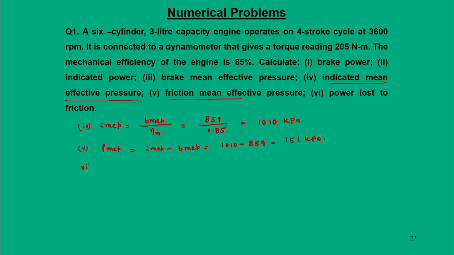Then the power lost to friction, that is the friction power, is nothing but the indicated power minus the brake power. So, indicated power is 90.9 minus brake power 77.25, which is 13.65 kW. So, this is the clear cut use of the formula.